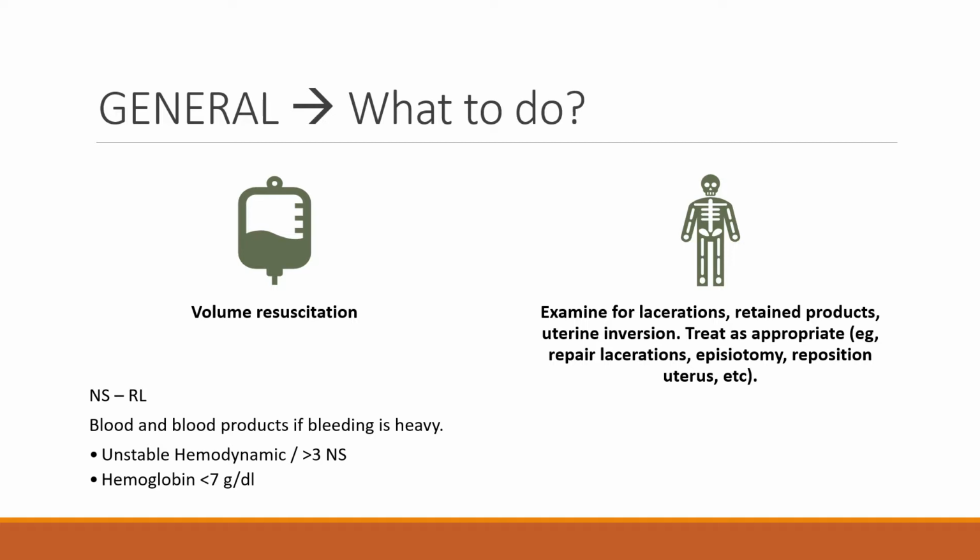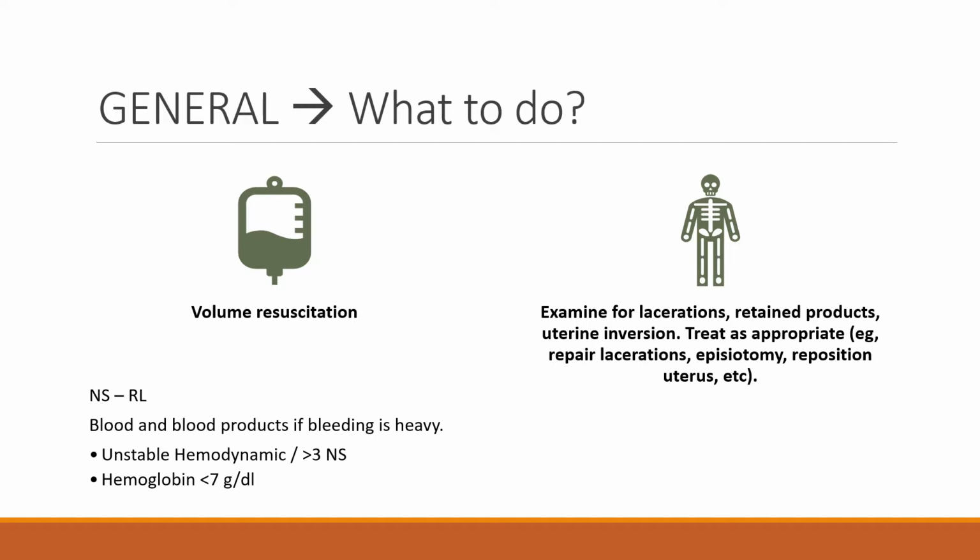And then after the volume resuscitation, we have to continue checking if we have lacerations, tears, retained products in the vagina or in the uterus, or uterine inversion, which we have not seen before. When you pull the placenta, the uterus can invert. This is a very complicated, very delicate situation, and we can see it because we will see the endometrium very near the vagina.